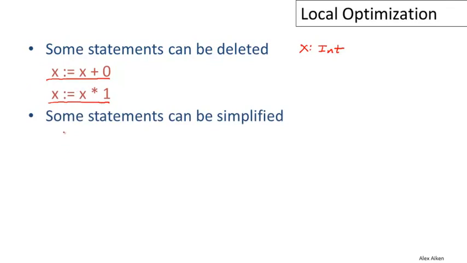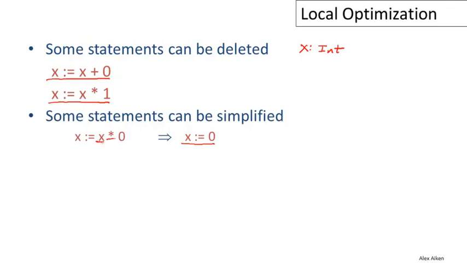Now, some statements can't be deleted, but they can be simplified. A simple example of that is if we have x equals x times 0, so that can be replaced by the assignment x equals 0. And again, we still have to execute a statement, but this statement may execute more quickly because it doesn't involve actually running the times operator. It doesn't involve referencing the value of x. Presumably x is a register.